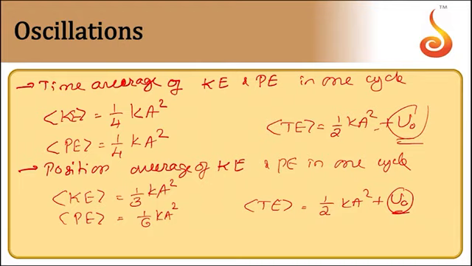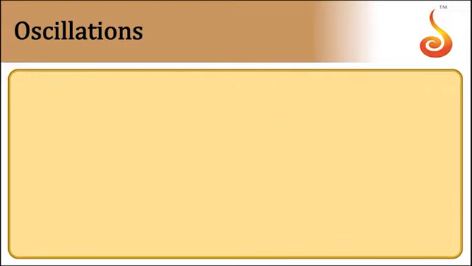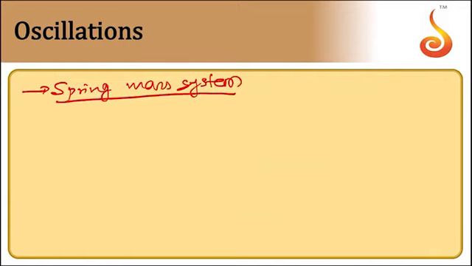Now let us consider a couple of simple cases here. Number one, some spring mass systems. Number 1, a vertical spring mass system, suspended like this, K, M, and the spring is light.